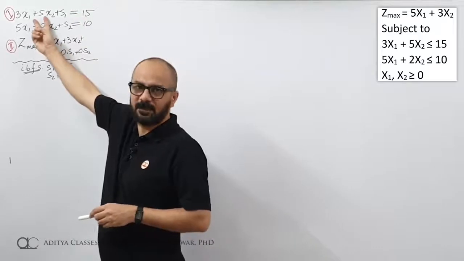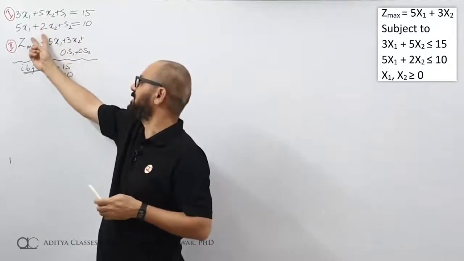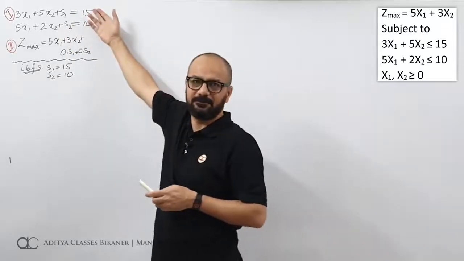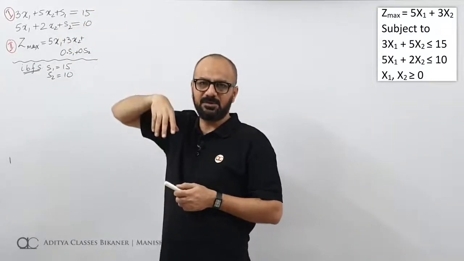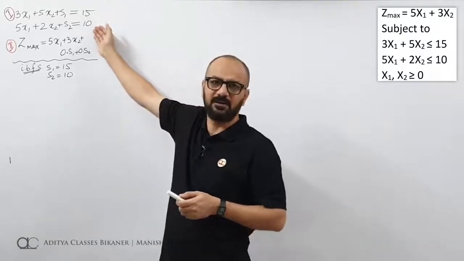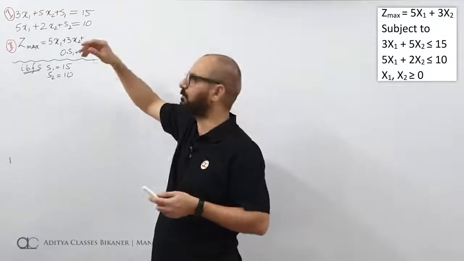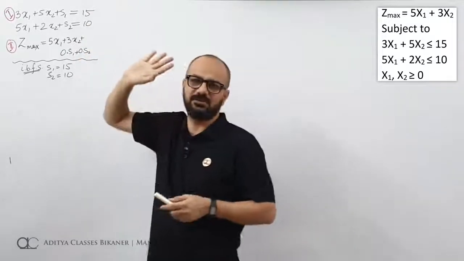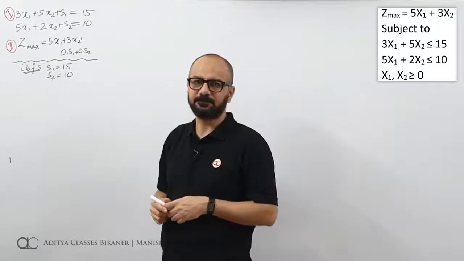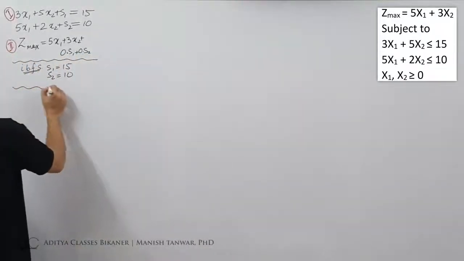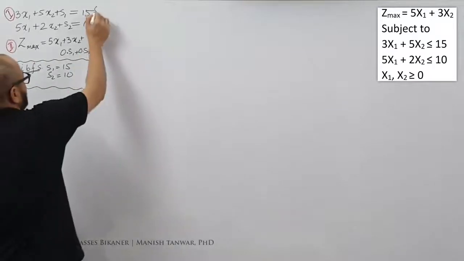All my availability of whatever material is going unused. In the previous question, it was machine hours. This could be availability of raw material or man hours, whatever the formulation suggests. All 15 is going unused, all 10 is going unused. This is my IBFS. And next, let us try and start the solution of this simplex problem.